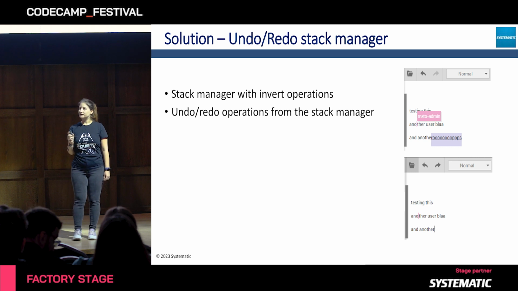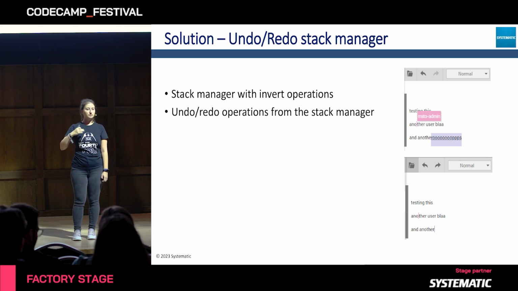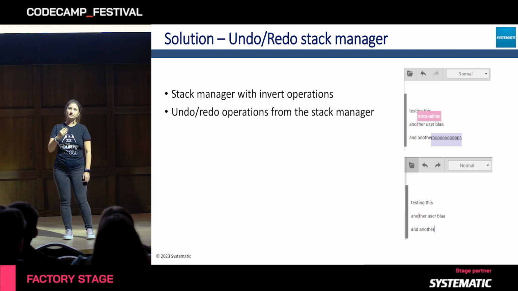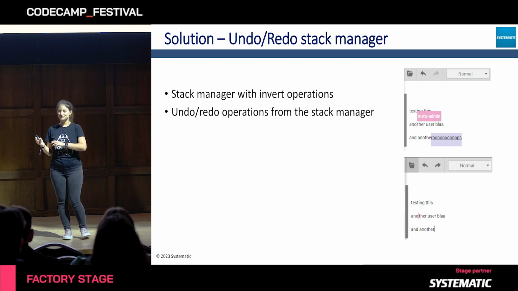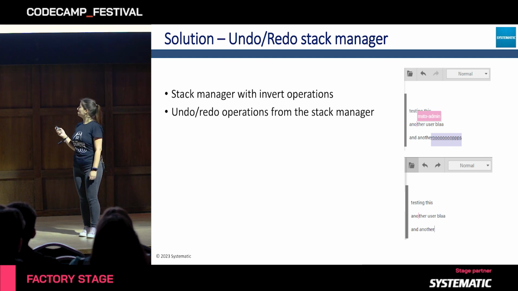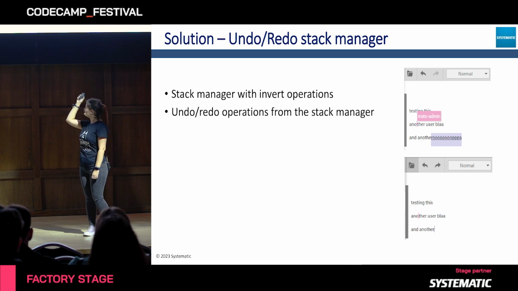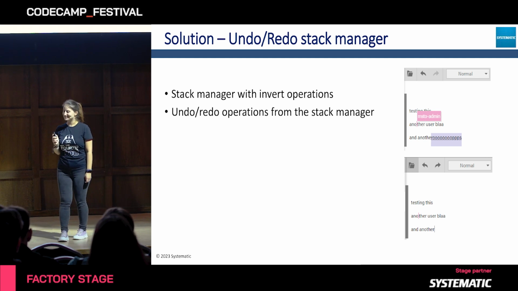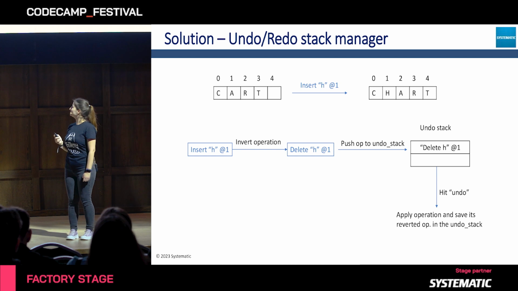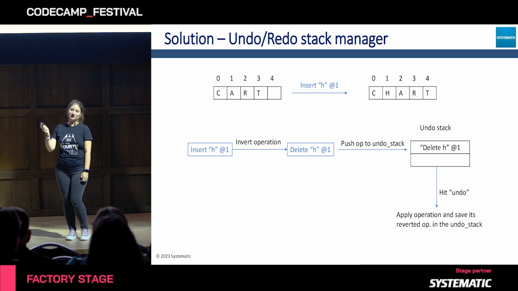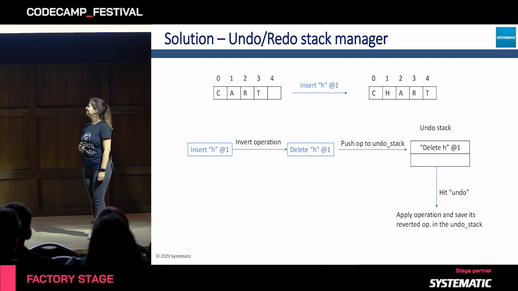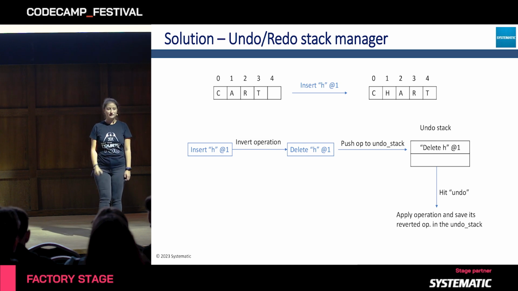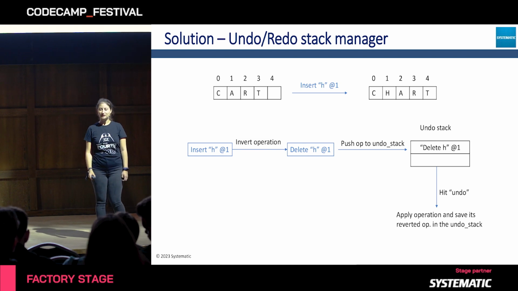We did that by introducing an undo redo stack manager, actually two, one for undo, one for redo. And how we do that, this is also from our text editor, is by taking the same cart chart example. We are basically storing the opposite operation every time.